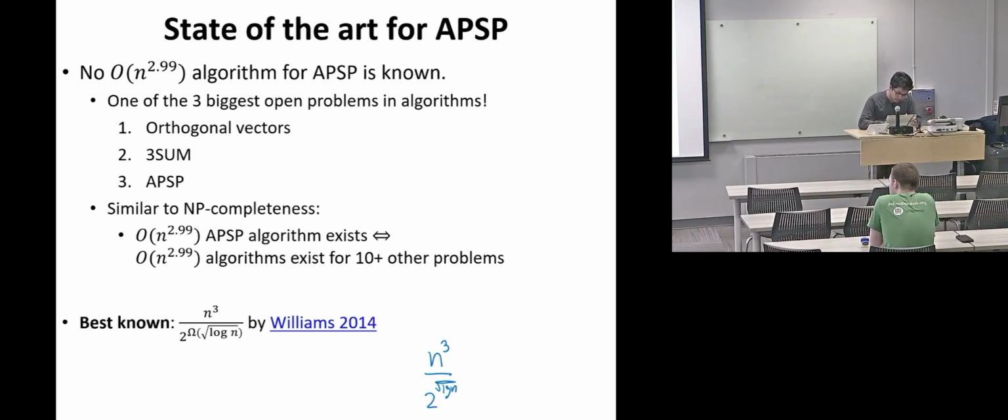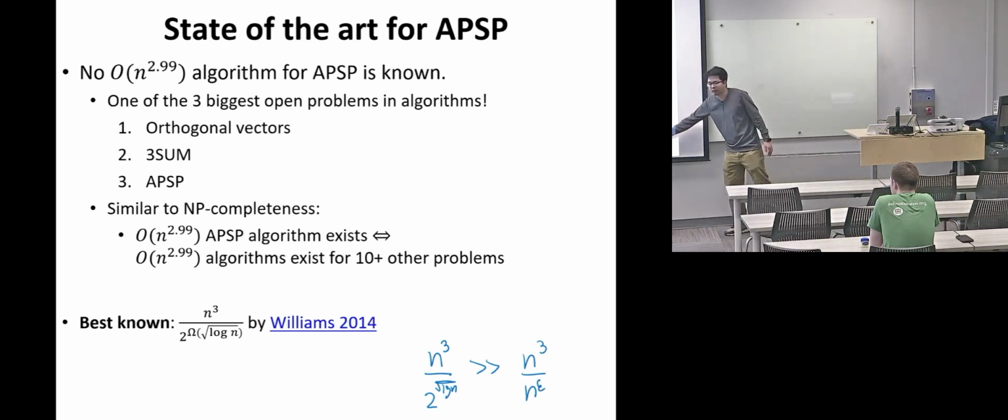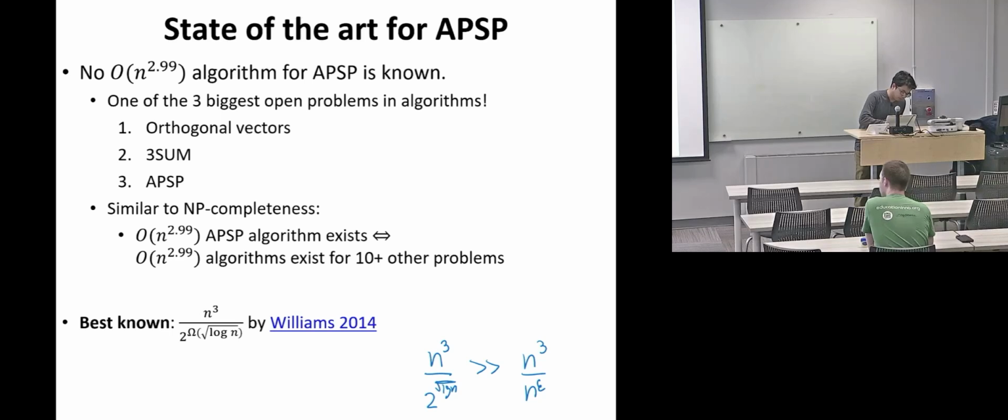This is still much bigger than a polynomial improvement, but it is still way faster than n cubed over, let's say, log to the 1000.